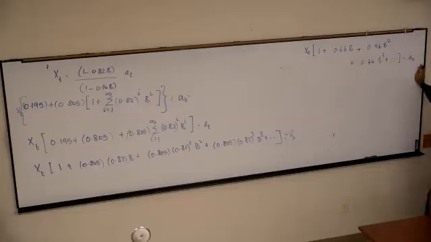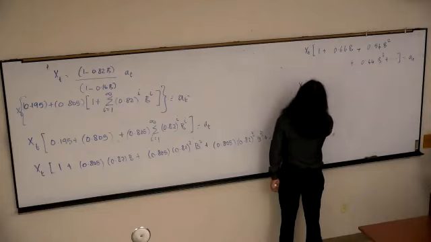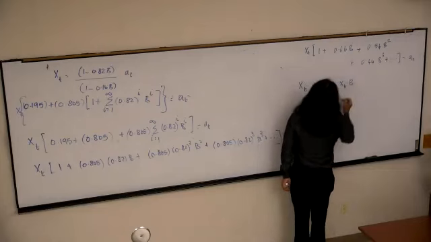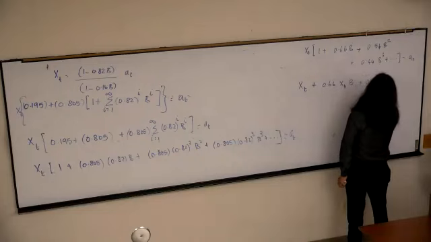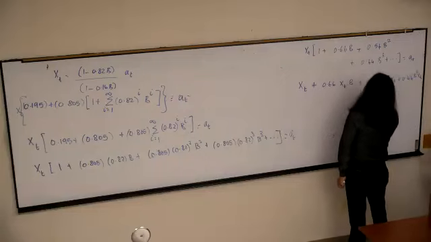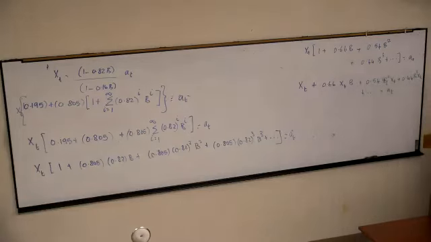If I distribute xt, I'll have xt plus 0.66 b xt plus 0.54 b squared xt plus 0.44 b cubed xt plus dot dot dot equals a_t. I want to get rid of the backward operator.